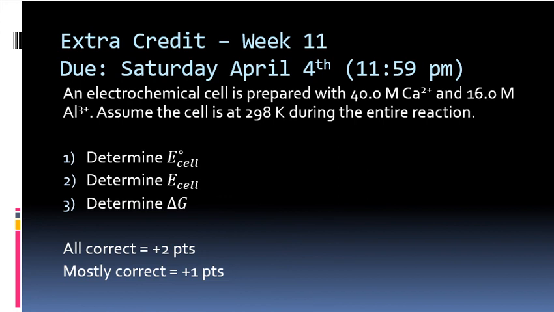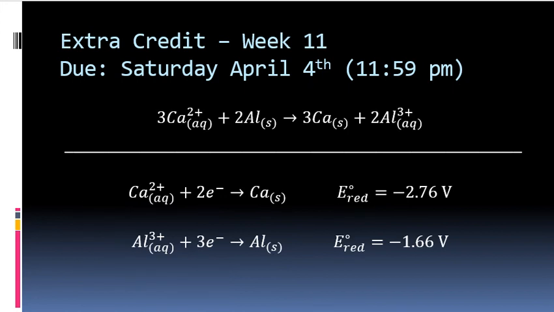Now, here's the stuff that you will need. The main reaction for that electrochemical setup will be 3 moles of Ca2+ reacting with 2 moles of aluminum solid to form 3 moles of solid calcium and 2 moles of aluminum 3+ ion.